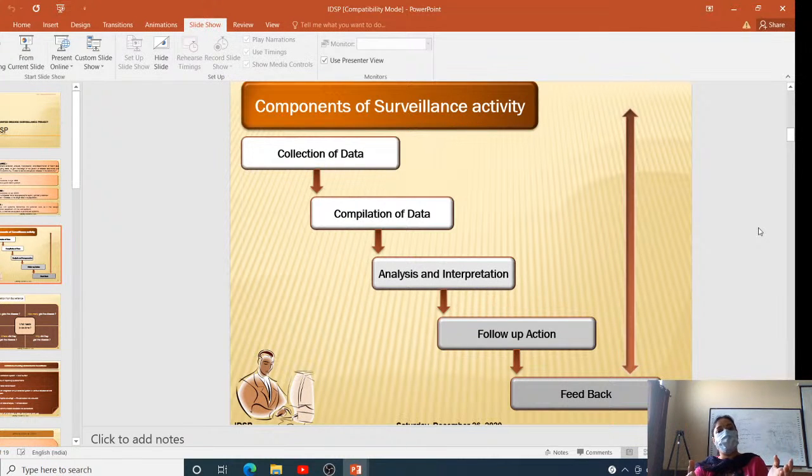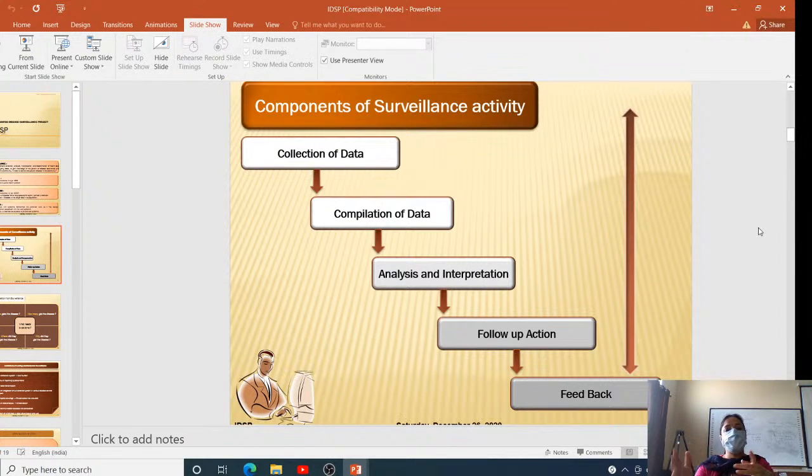So that was a political intervention to control the disease, or a preparedness plan, whatever you can say. At many levels the government intervened, but then they lifted the lockdown, they educated people on social distancing and masking and so many things. So this was all the follow-up action which followed the surveillance activity about the trends of COVID-19 in the country.